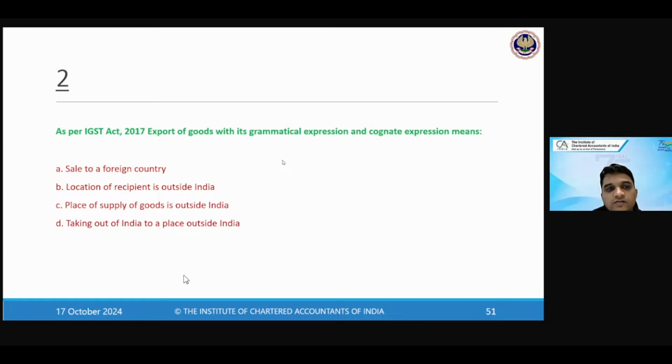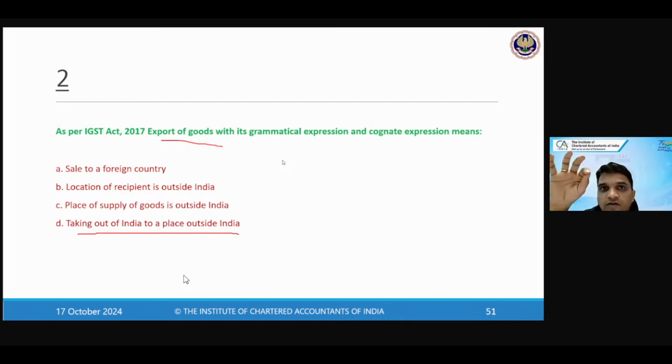Okay. So in case of export of goods, it is called export because it is a sale to a foreign country, fine, that is a normal understanding. Location is outside India, place of supply is outside India, it's fine. But the definition of export says that you have to take goods out of India to a place outside India.